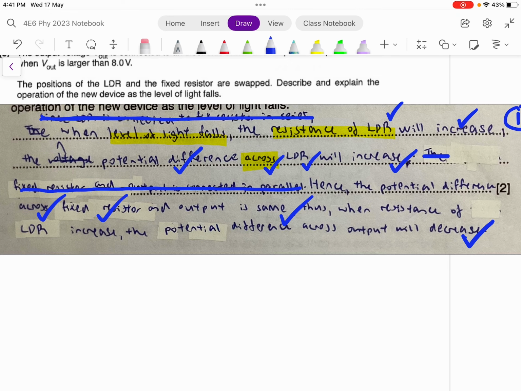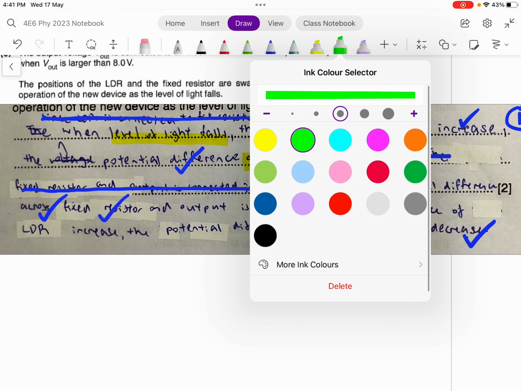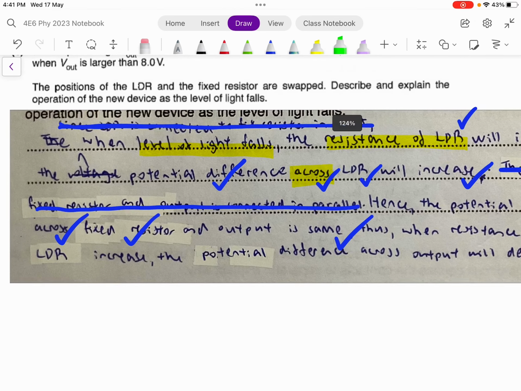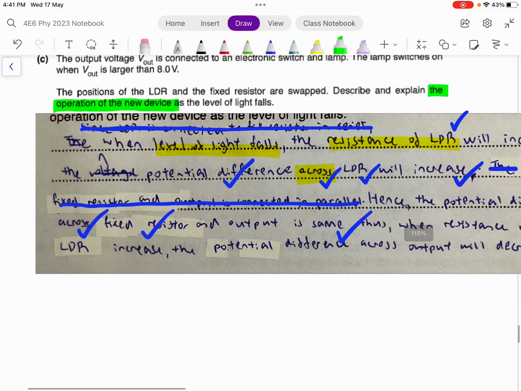I really want to give you the 2nd mark because it's a very complete one, but I hesitate because the subject of the question was the operation of the new device.